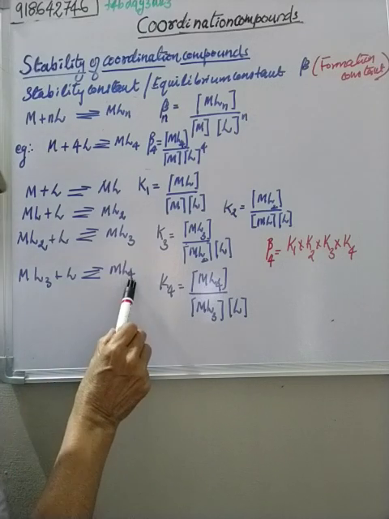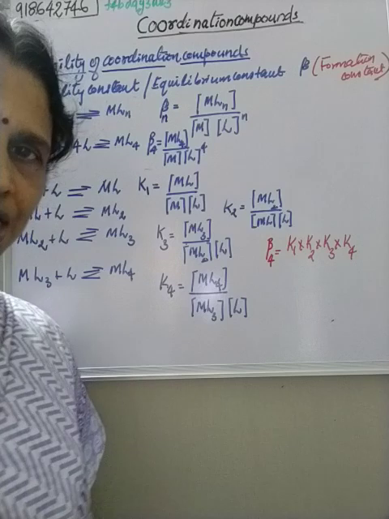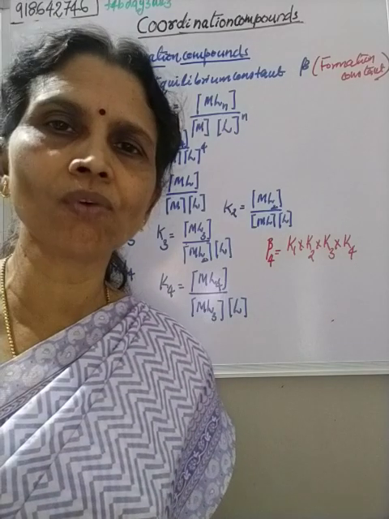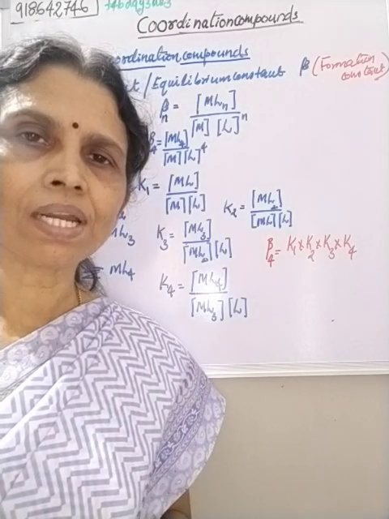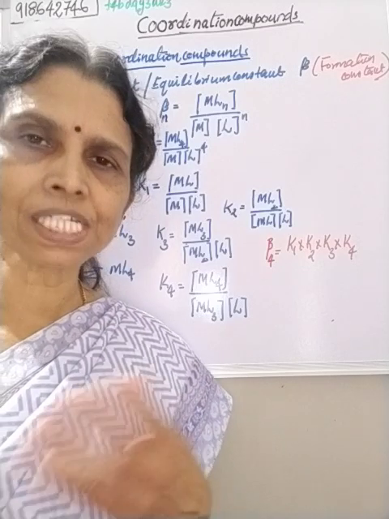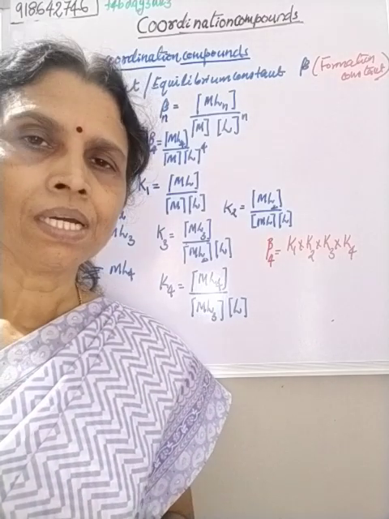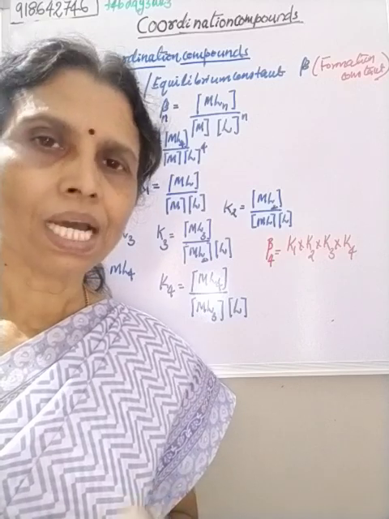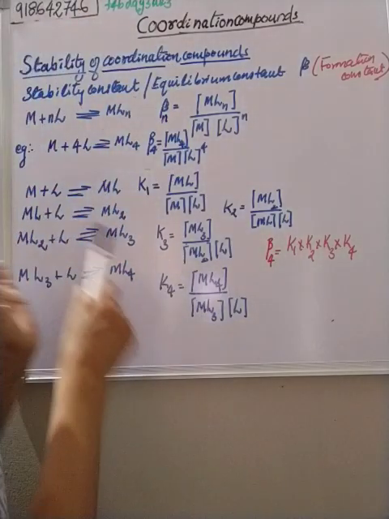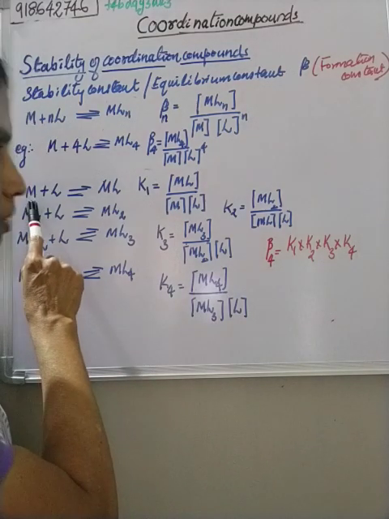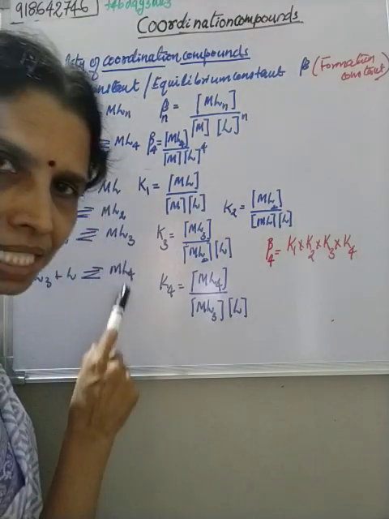Actually this complex formation is taking place in aqueous solution, where water normally forms a complex with the metal ion, and when we add a strong ligand, that ligand will displace water molecules from the complex one by one, and that is how the ligand complex is formed. Here we are not representing the water molecules, to simplify the equation.